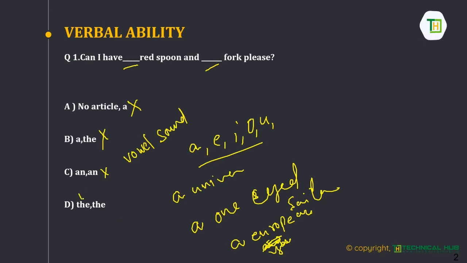That means we are telling that particular spoon, the red spoon we are using, and the fork, the particular fork. You are pointing at those things and telling, okay, give me that red spoon and the fork. You are intentionally telling like that. So option D is the right one and this is the correct one.